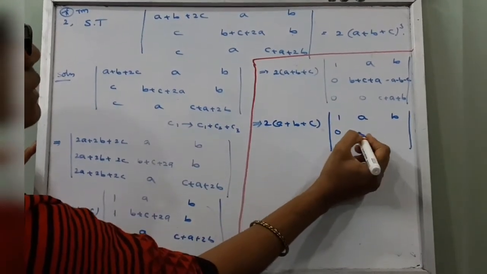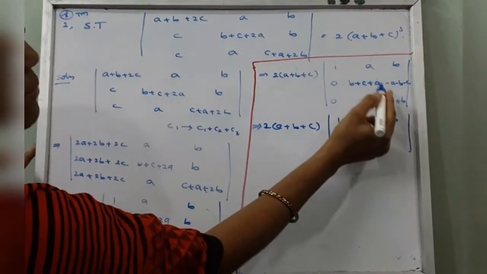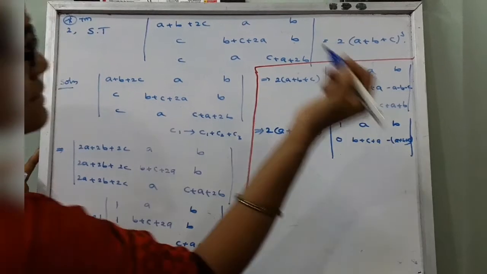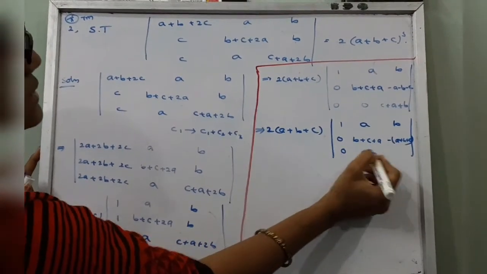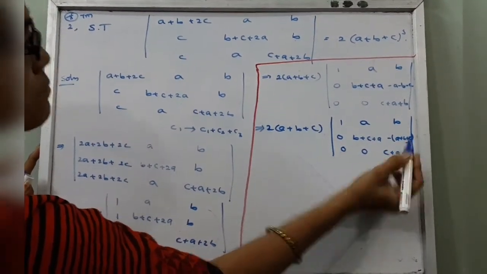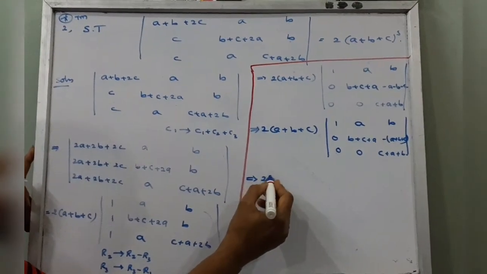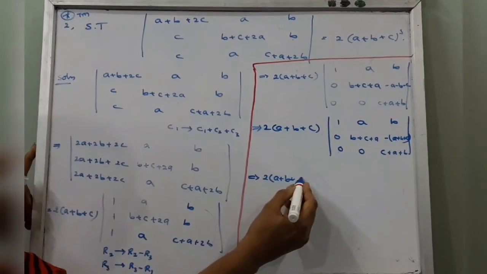Second row is 0, b plus c plus a, here minus a minus b minus c, taking minus as common, a plus b plus c. Next 0, 0, c plus a plus b, which implies 2 of (a plus b plus c).